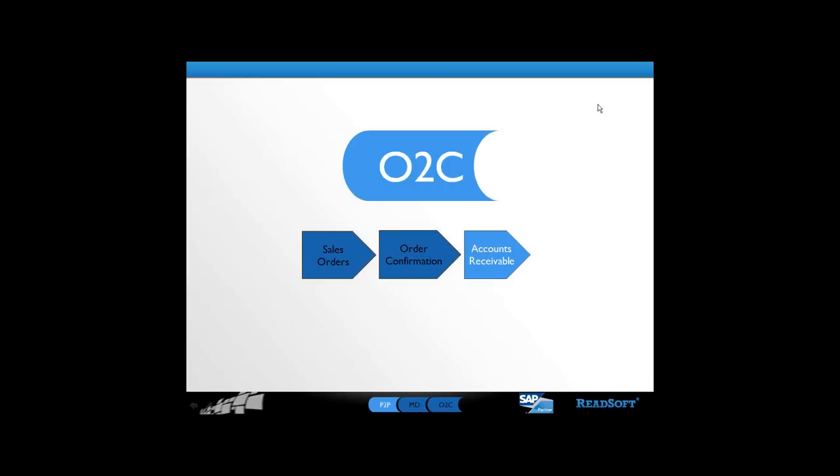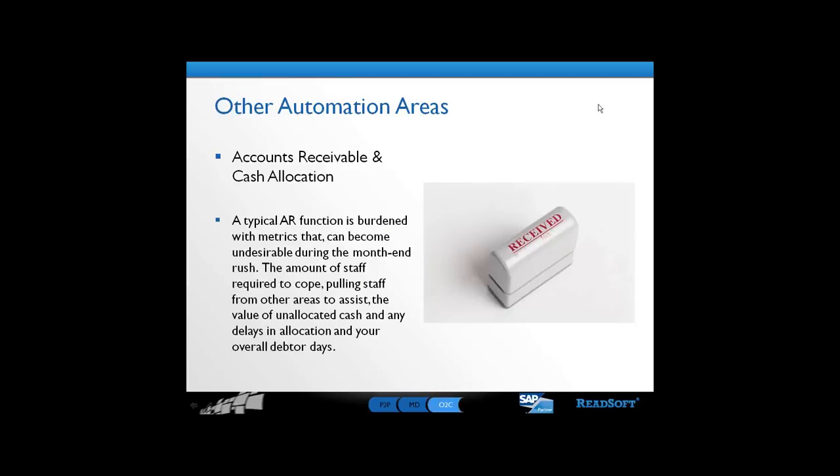Thank you, Adam. Yes, accounts receivable and cash allocation. This is, again, one of those areas that has traditionally, in many companies, gone on in a sort of slow, traditional mechanism. And there has been progress made in a number of areas, particularly in terms of receiving electronic payments. One of the main challenges here that we see is that end of month becomes a major issue, end of quarter, end of year.